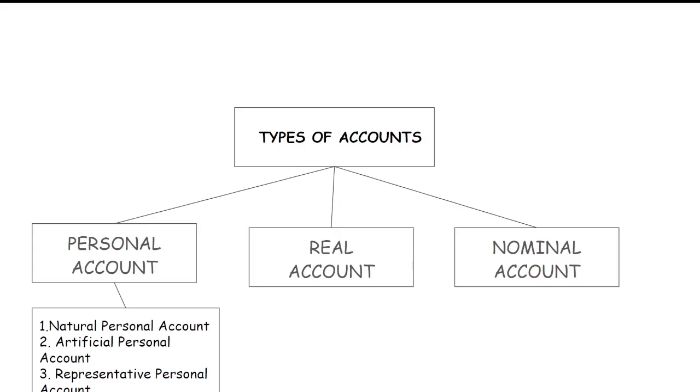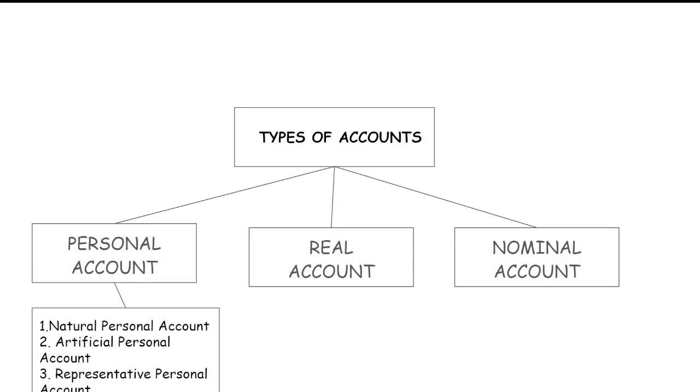Whatever assets you consider, right from goodwill, copyright, trademark, patent to your debtors, your cash, your current assets also are considered as a real account. Prepaid expenses is considered as a personal account because again it is of a specific person, we have paid to somebody, so it is personal account.